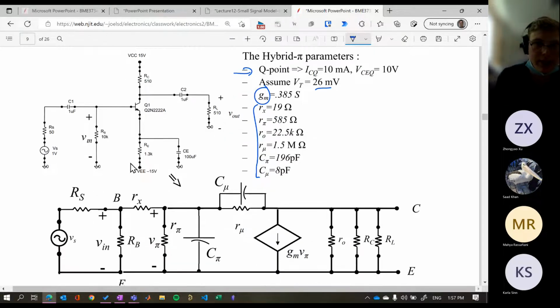And what we're going to do is convert this into its equivalent, first of all, AC circuit, and then we get the hybrid pi in as well. So RS is going to sit at the source. This becomes a short at high frequencies.